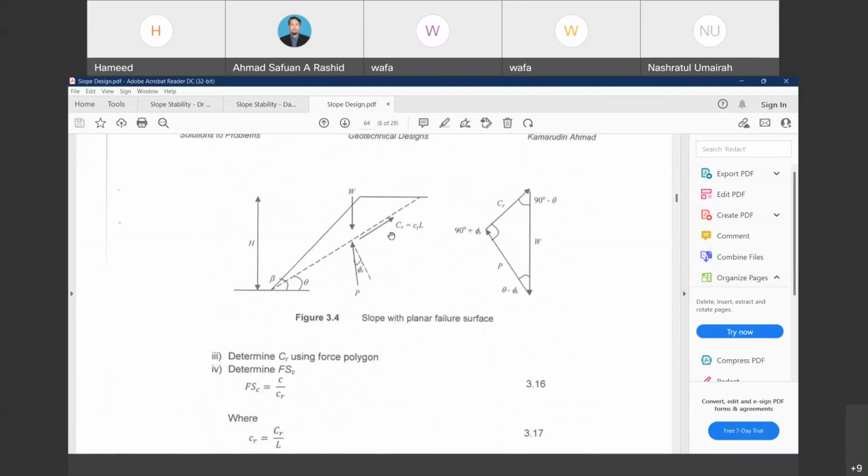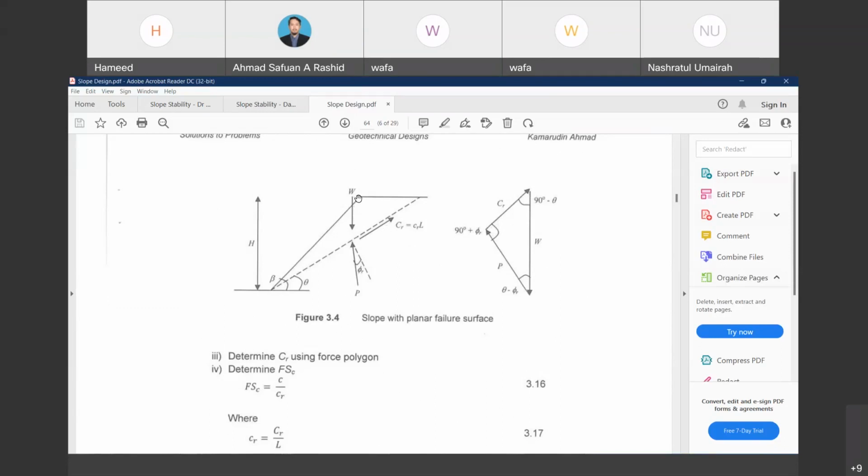So we use the force polygon, where we identify there will be three types of force. For example, for the CR, the force is going along the failure plane, moving similar with the failure plane.